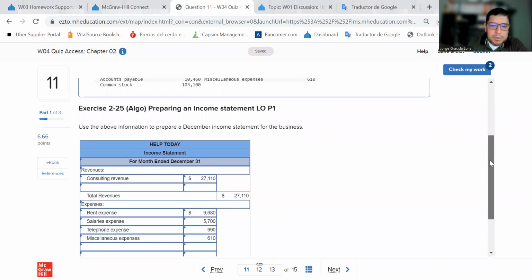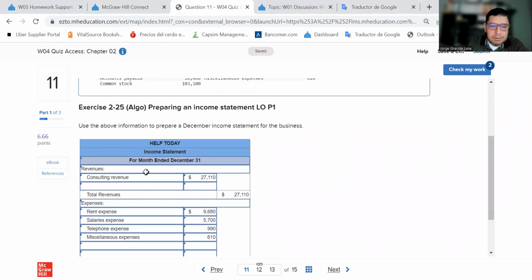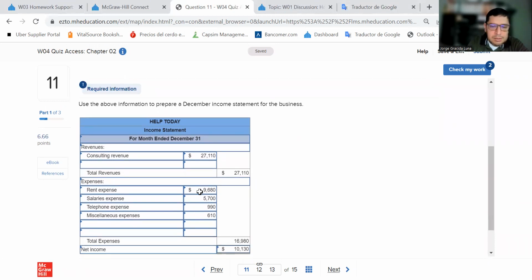Finally, we compute the total revenues. Since there is one account, we just put the same number. Compute total expenses, adding all these accounts, and put the total here. Finally, we compute total revenue minus total expenses, and we have the net income. This is the formula.